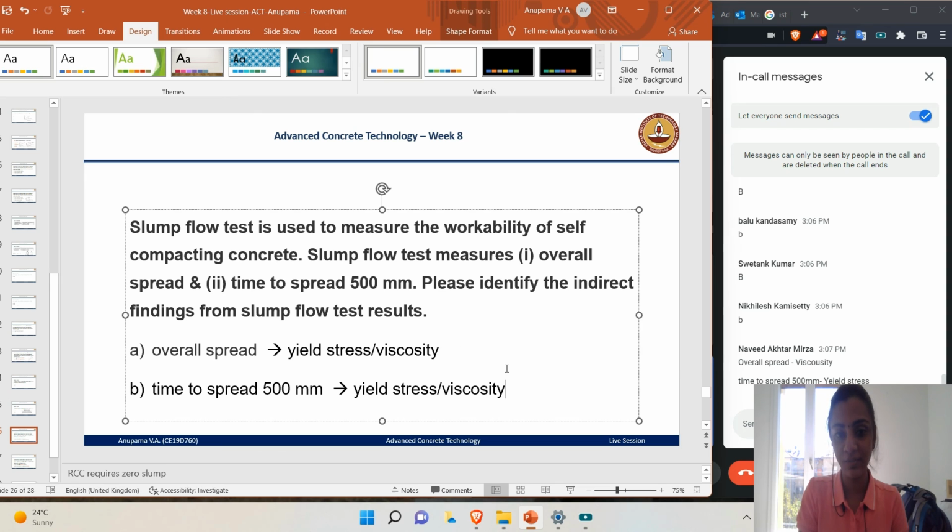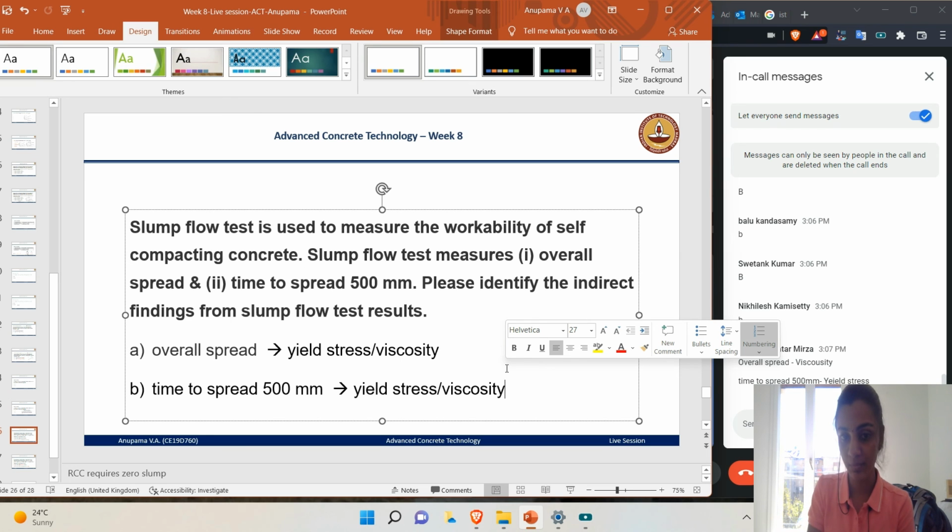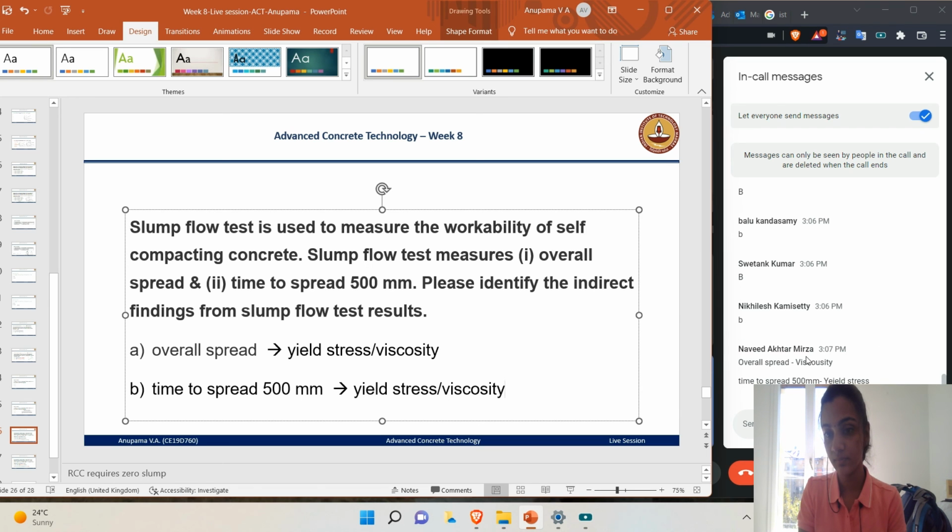Please read that question carefully. It's just a self-compacting concrete and we can do slump flow test. It has two parameters to be measured, overall spread and also the time it took to reach the 500 mm spread. So what does each indicate is the question. So the overall spread indicates whether it indicates viscosity or the yield stress, and the time to spread 500 mm, whether that indicates the viscosity or the yield stress. Any comments?